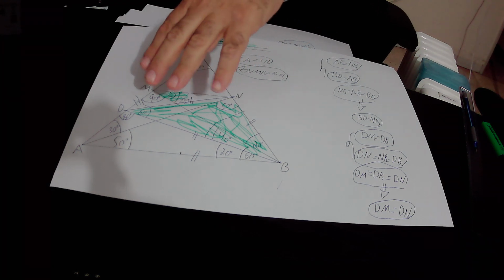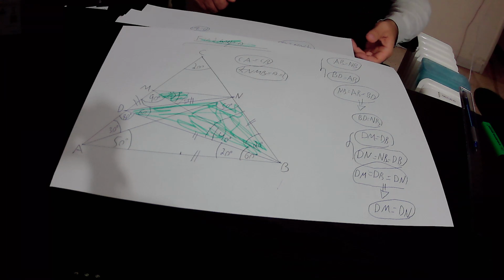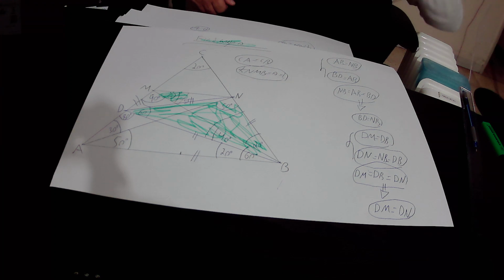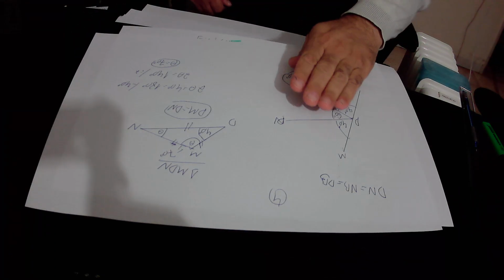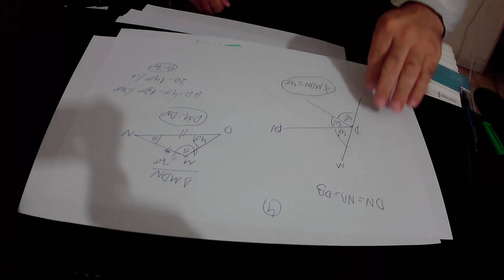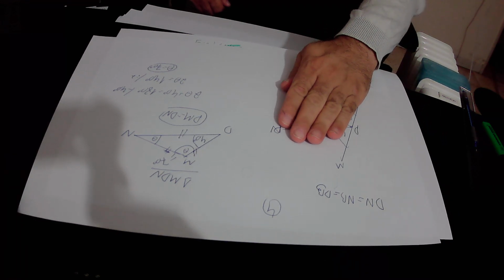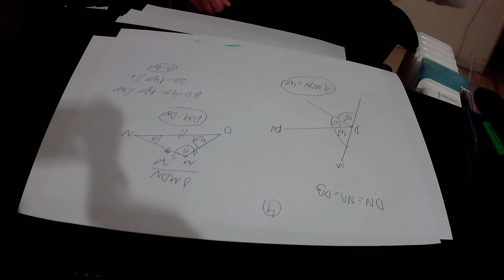In total, the sum of those three angles must be equal to 180 degrees, according to the rule that the sum of the angles on one side of a straight line is equal to 180 degrees. I repeat again: on this side of the straight line CA at point D, the sum of the angles must be equal to 180 degrees according to the rule that I mentioned.